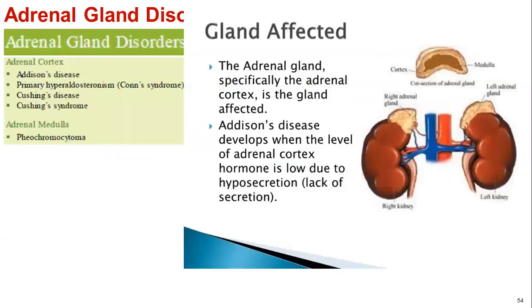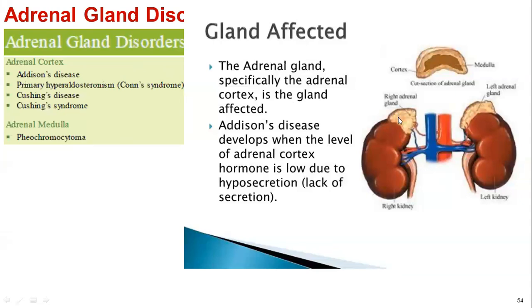If you really want to know about these two diseases, first of all, we should talk about some anatomy, because Addison disease and Cushing syndrome are both disorders of the adrenal gland. This is the adrenal gland.